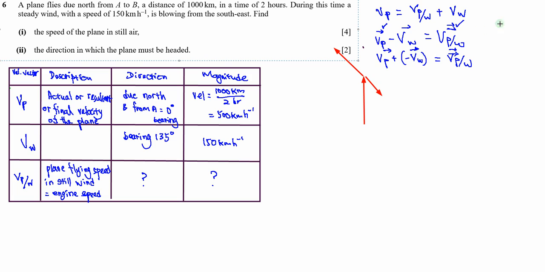So this is minus VW. This is VW. Because of minus VW, one arrow plus the second single arrow, which is this, gives you a resultant, which gives you two arrows.